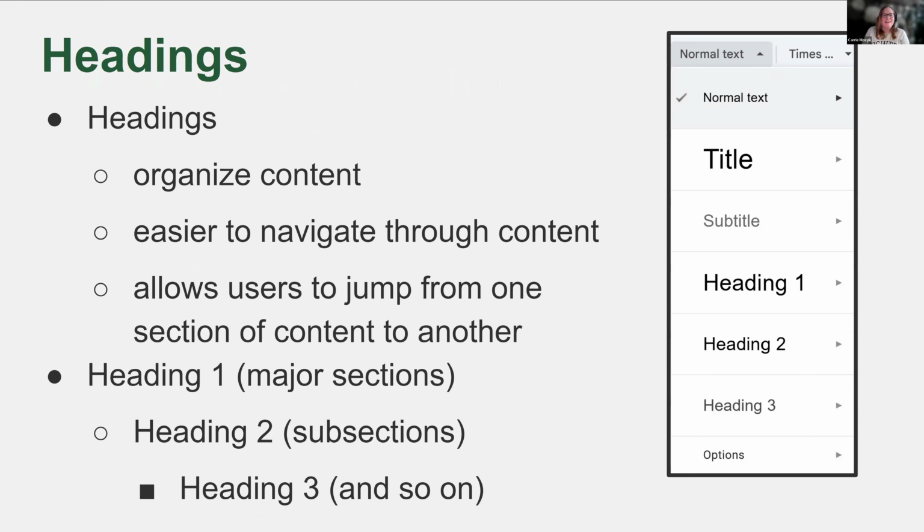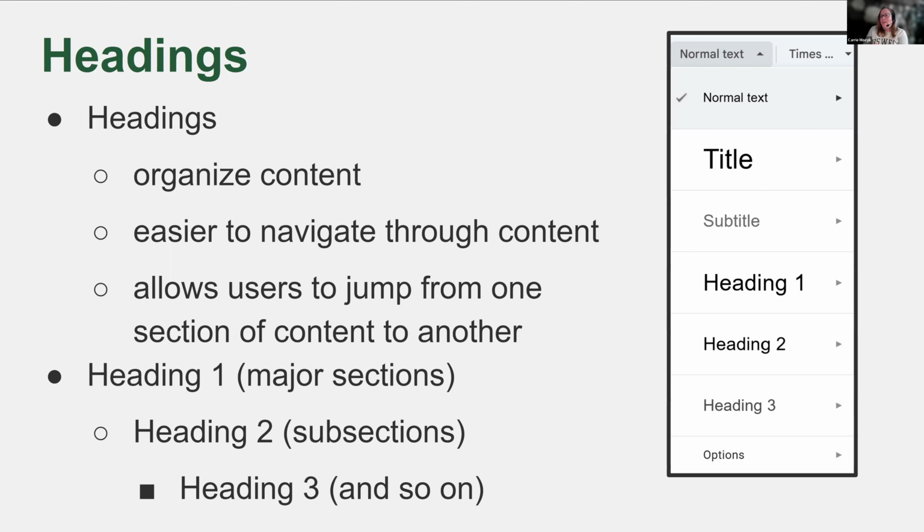Okay, so headings are best described when thinking of titles and subtitles of an outline. So if you have a major section, thinking of your syllabus, if you have a major section of your outline, it's going to be considered what we would call a heading 1. If it's somewhat important, something that you indented into an outline, it could be considered heading 2, and something less important would be heading 3.